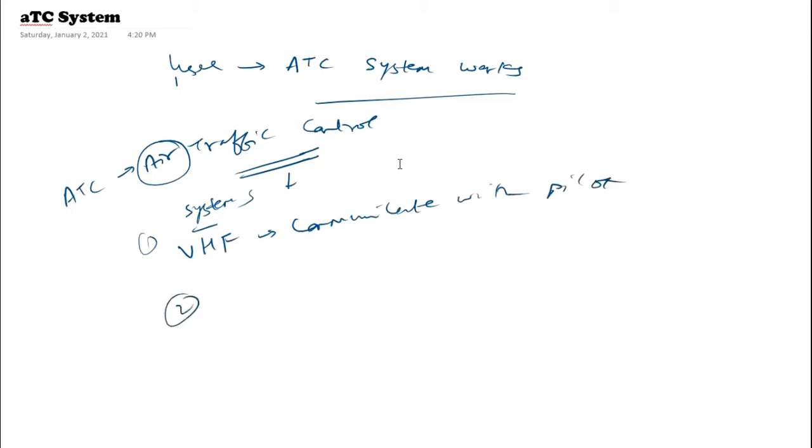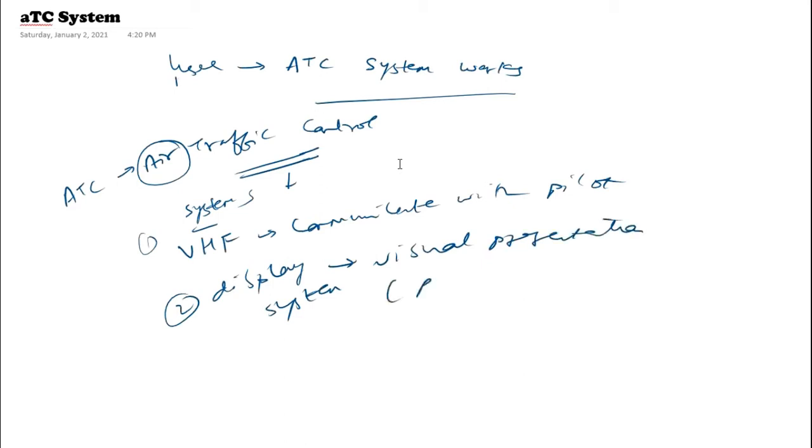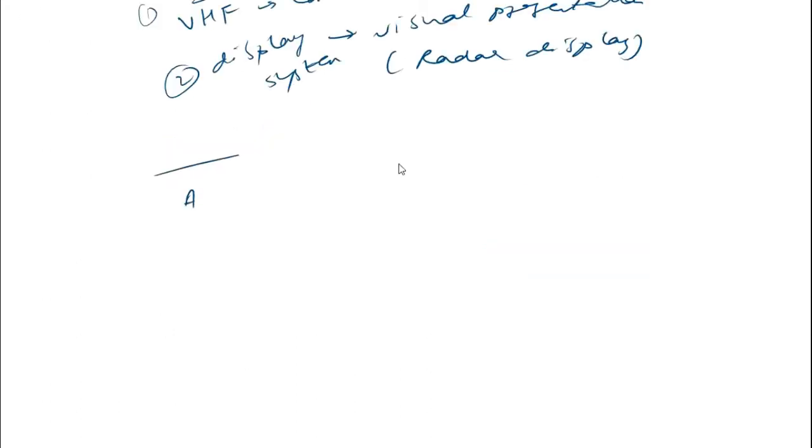Then they will also have a display system in front of them which gives a visual presentation of the scenario in the air, which is also known as a radar display. Now the main job of ATC is to communicate with the pilot.